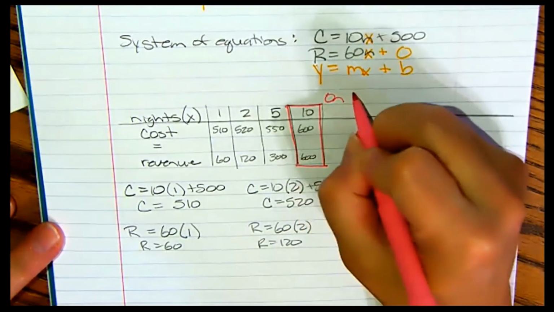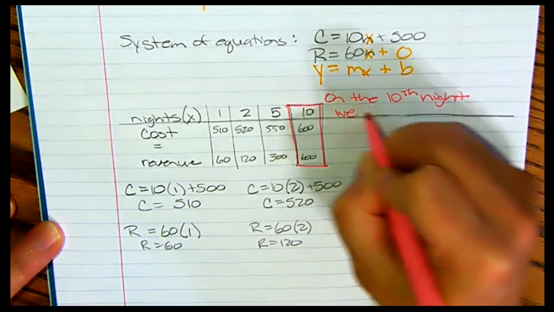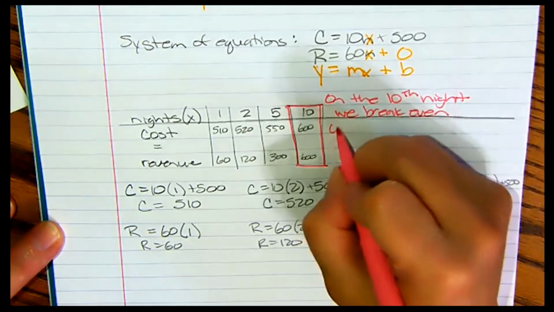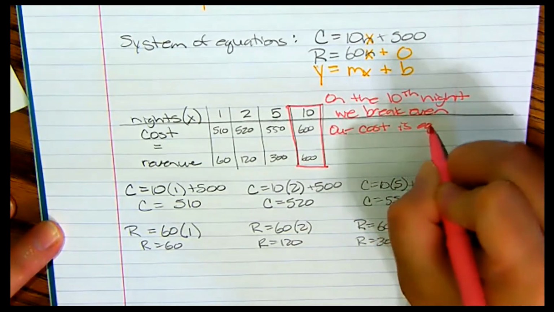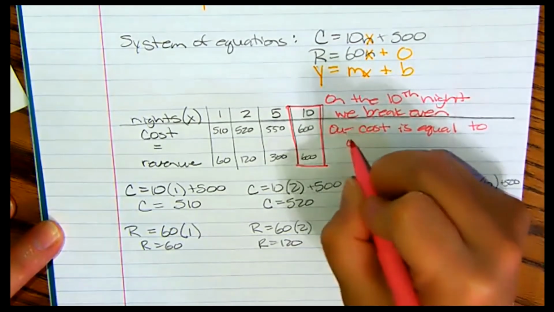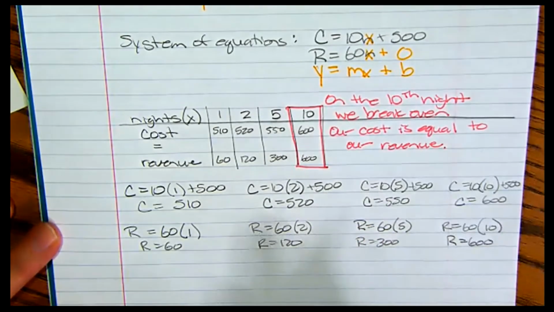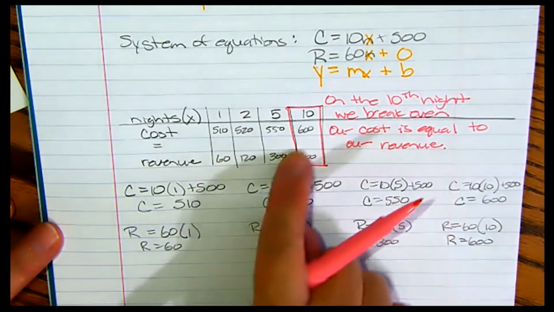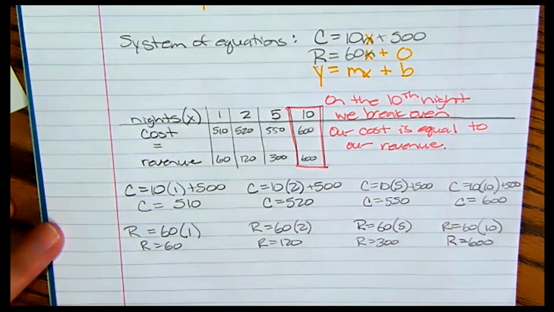So on the 10th night, we break even. Our cost is equal to our revenue. So on the 10th night is when we break even. The amount of money we've made covers the cost of setting up the bed and breakfast.